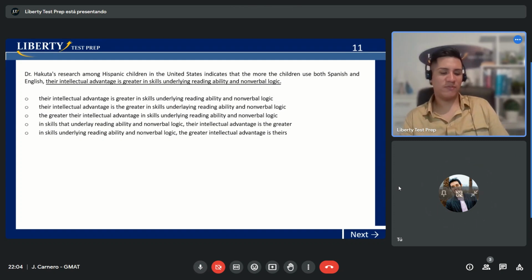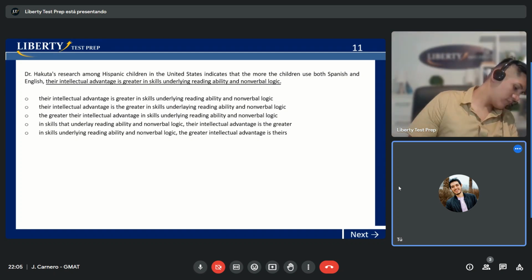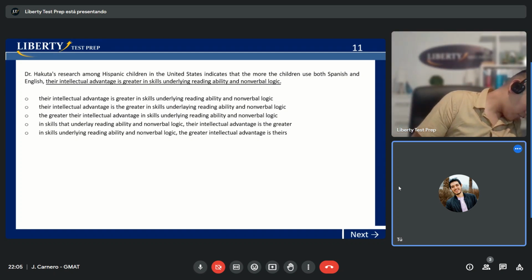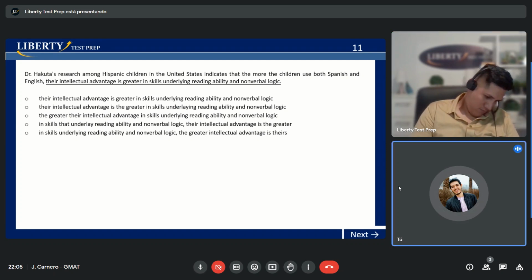So here we use the idioms. Will it be letter C?